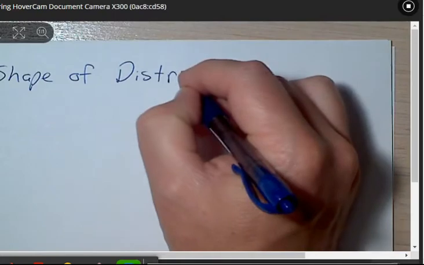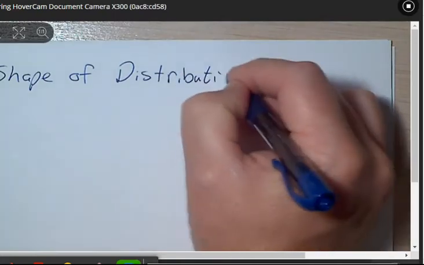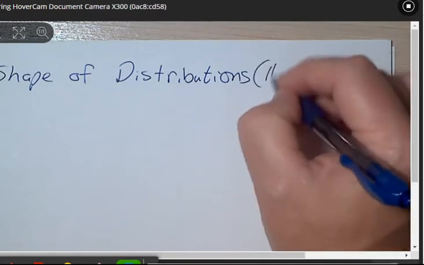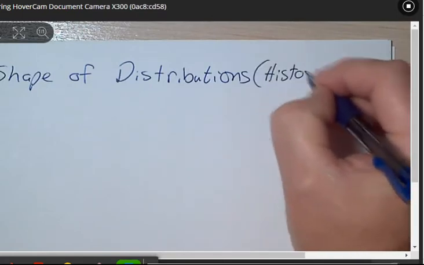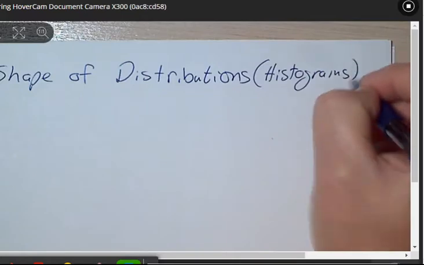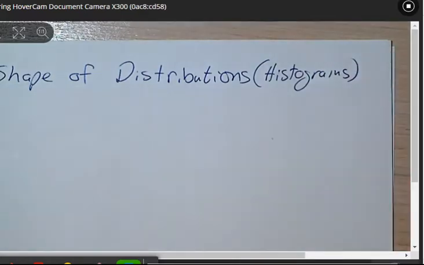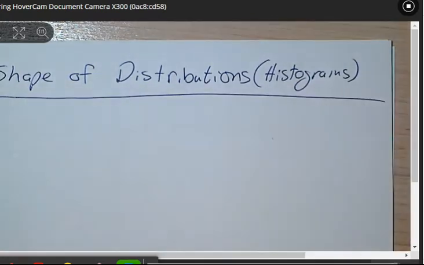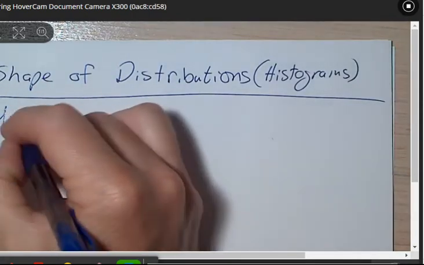And when they're talking about the shape of the distributions for these, this one is all about the histograms, bar graphs. And this is where they're going to talk about just basically if you lay these things out here, how they look. There's basically 4 different types that they're going to key on.